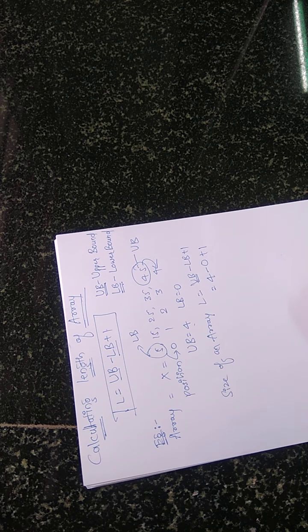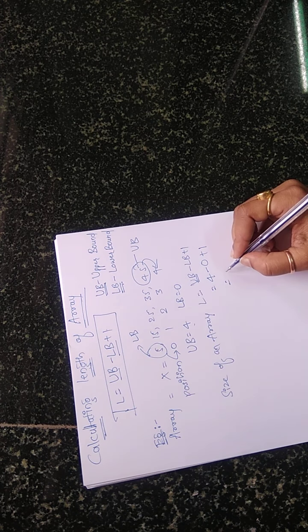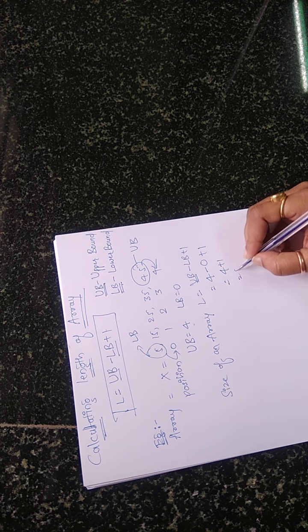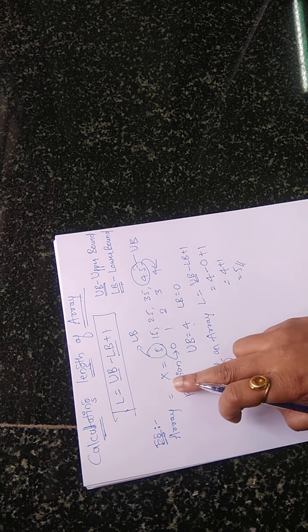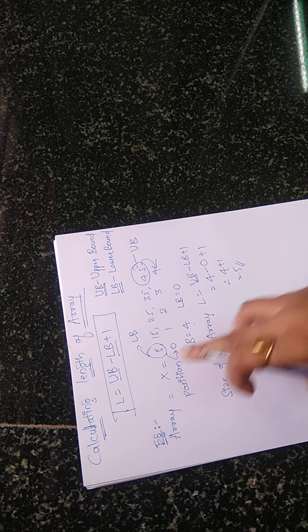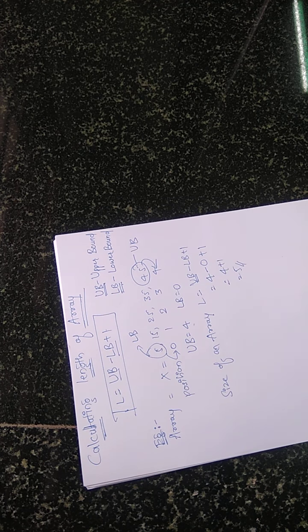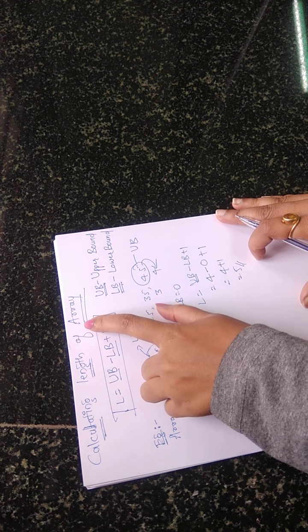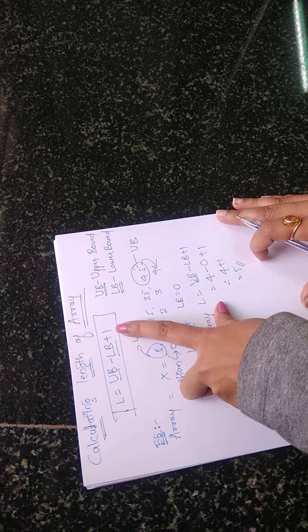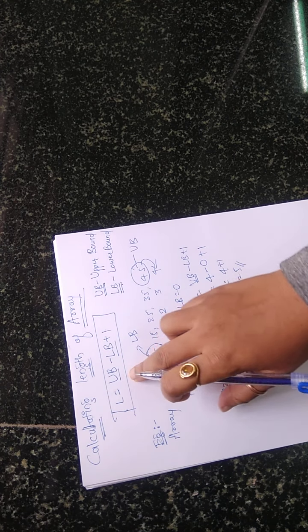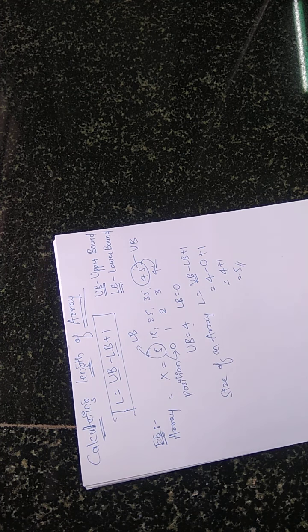So 4 minus 0 is 4, plus 1 is 5. The size of array X is 5. Like this, we can find the size, also called the length of the array, using the formula L equals UB minus LB plus 1. Remember the formula and you can easily calculate.